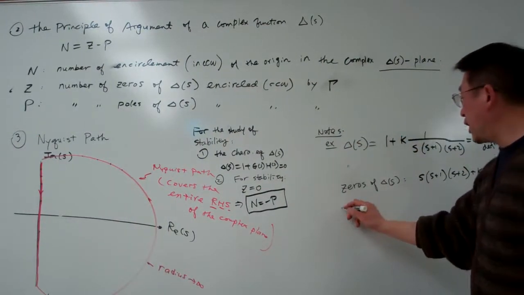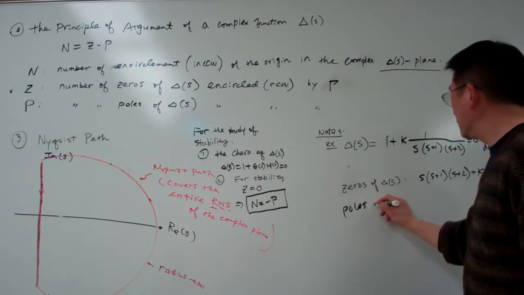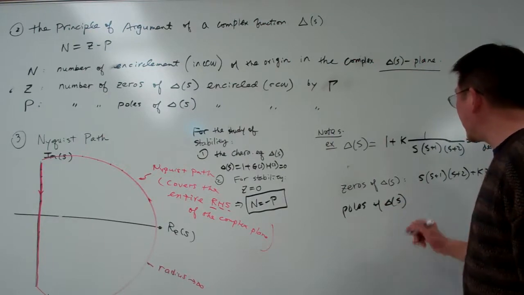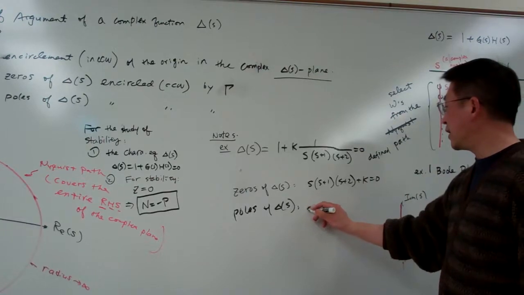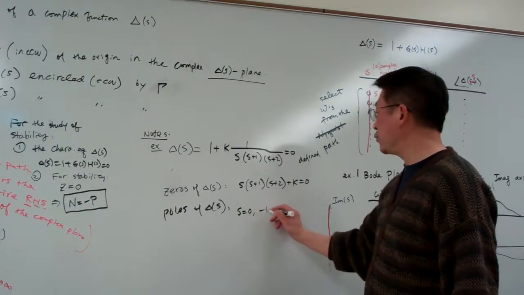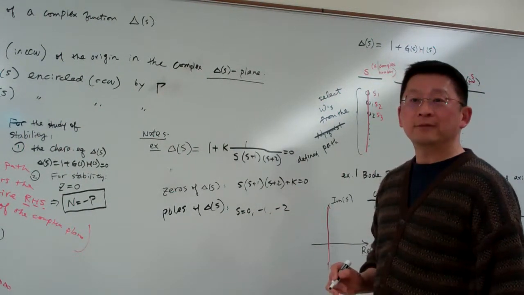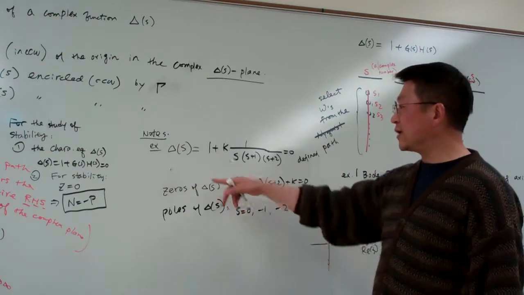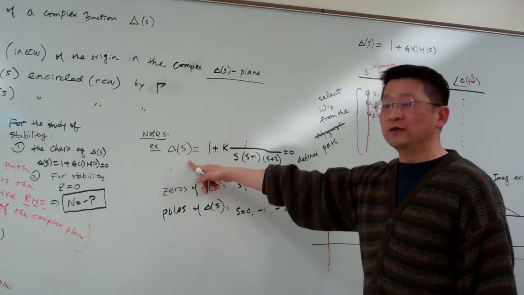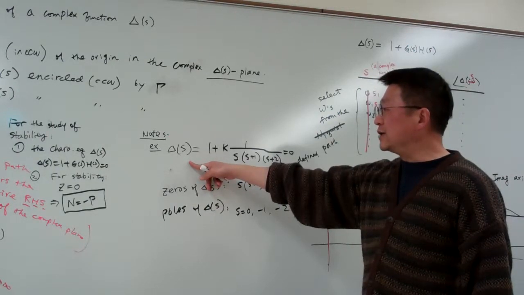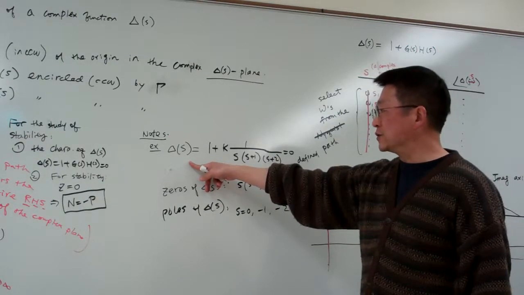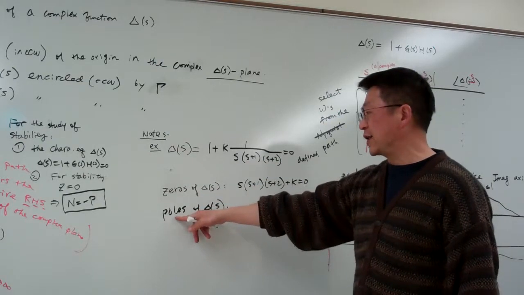Okay. And how about the poles? The poles of delta S are simply, easy, S equal to 0, minus 1, and minus 2, right? And here I make a note that I simply want to emphasize that most of the time it is very straightforward to observe the location and number of the poles.